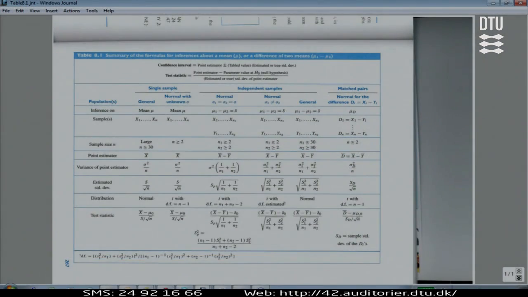So, today we are going to do something else. I will start today by looking at this terrible or nice, depending on how you look at it, table 8.1. That will serve as a kind of repetition of what we have done the last 2 or 3 weeks.